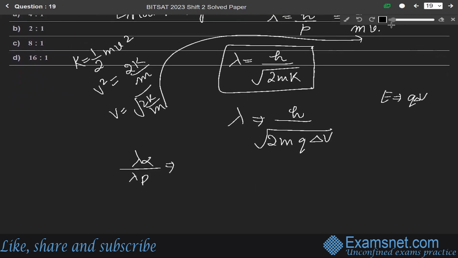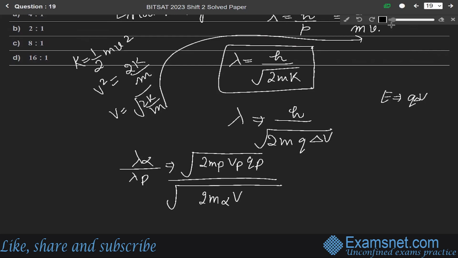It will be equal to under root of, since h is the Planck's constant, h will cancel out, 2 mass of proton into potential of proton into charge of proton over under root of 2 mass of alpha particle into potential of alpha particle into charge of alpha particle.